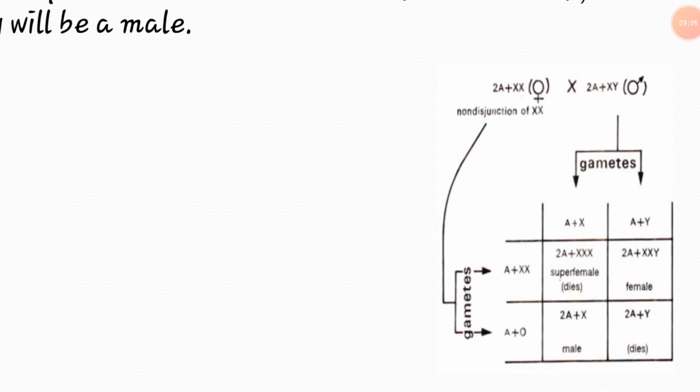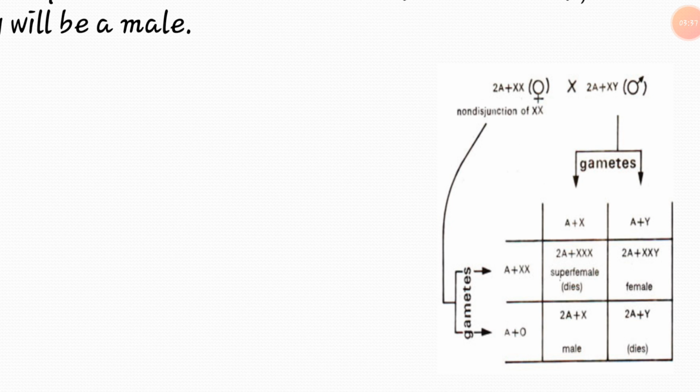Then here in this chart we can see this particular genic balance theory. Here gametes AX, AY then produce particular offspring: super female, then female. The super female has three X chromosomes and a diploid set of autosomes. Then the female has 2 X chromosomes and 2 sets of autosomes.